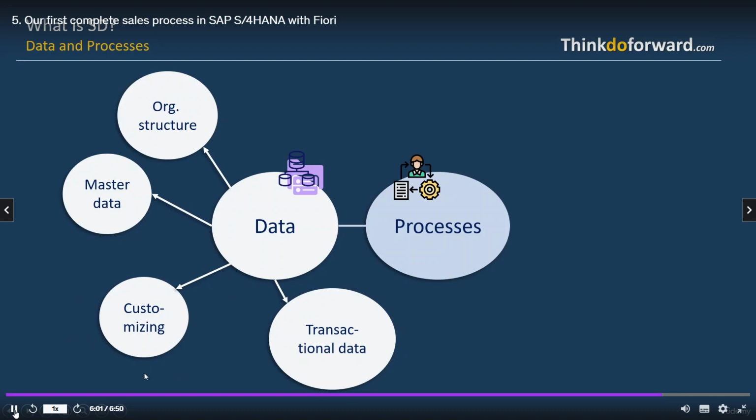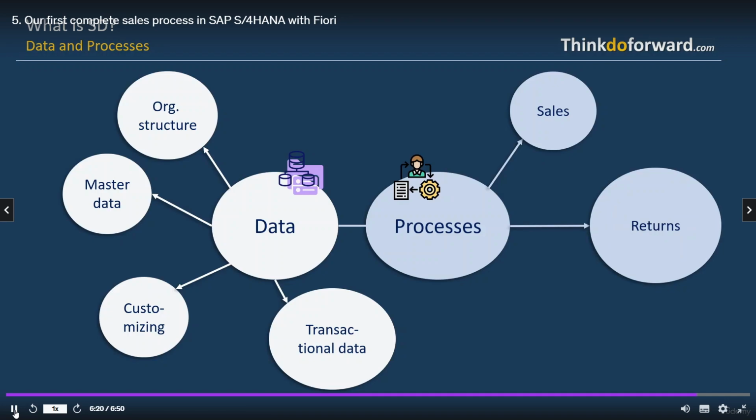by a functional consultant. On the other hand, we have the processes part, which is, of course, the different processes which could be run within SAP sales and distribution. Basically, or mainly, it is the sales process. Then we will have the returns process to get the goods back.